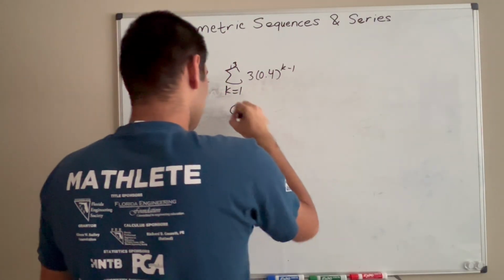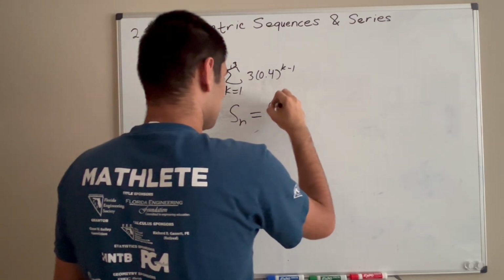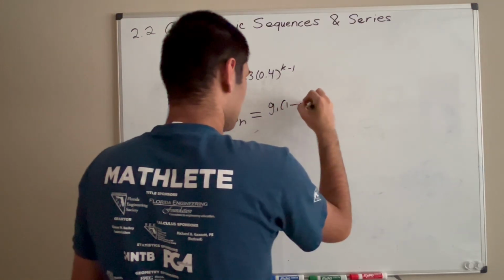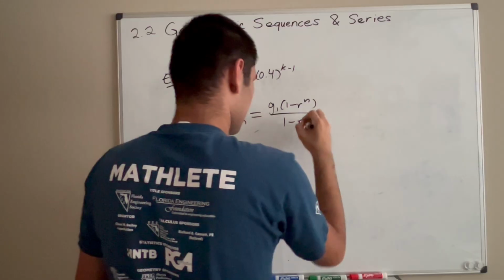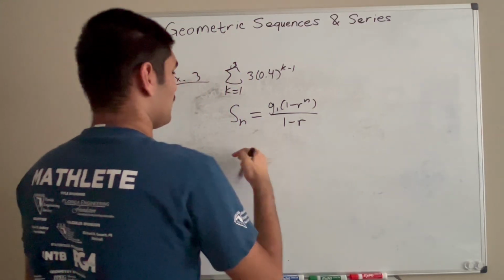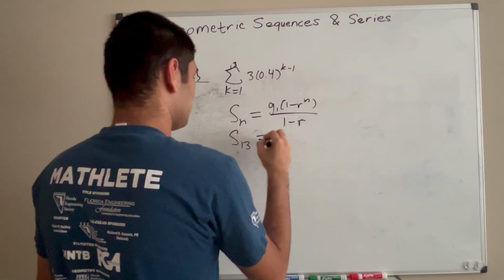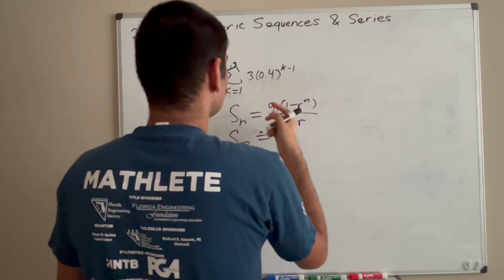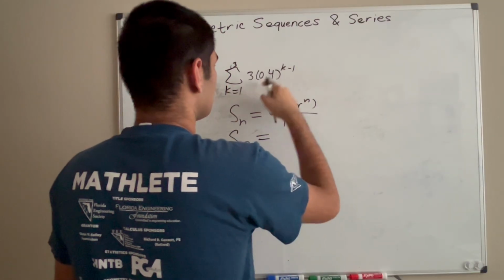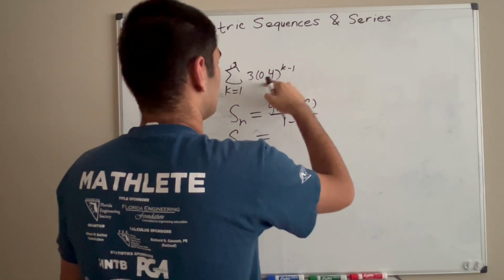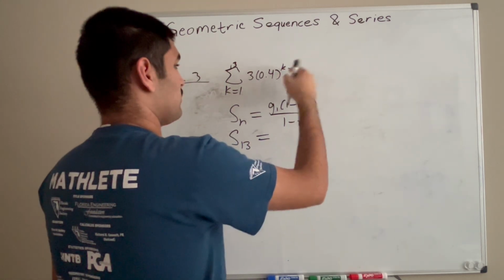If we apply our formula, we have S sub n equal to g1 times 1 minus r to the n, all over 1 minus r. And n is 13 because we have 13 terms. For the first term, just plug in k equals 1. You should get just 3, because 1 minus 1 is 0, and 0.4 to the 0 is 1.